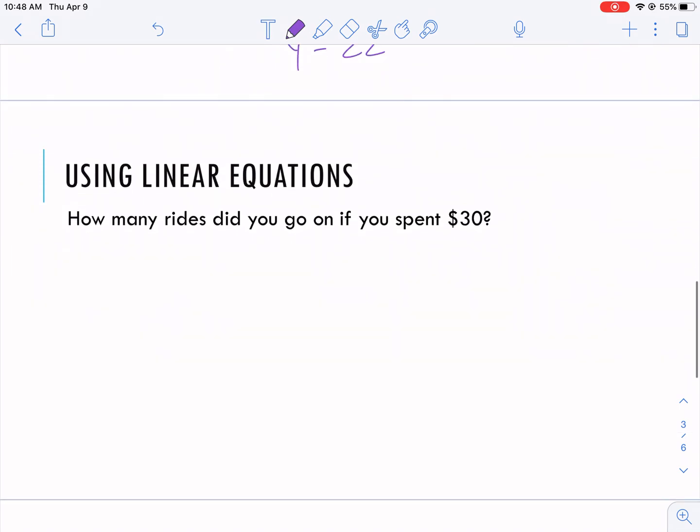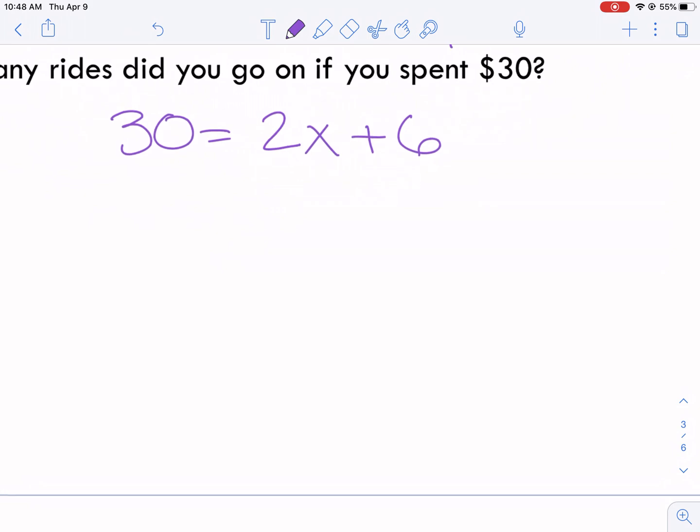So now with the same problem, meaning the same equation, I want to know how many rides we went on if we spent $30. So now I know the total cost. So 30 equals 2x plus 6. Now that I have this set up, this looks like solving equations from what we reviewed in the first video lesson.